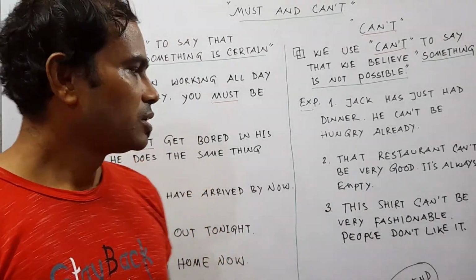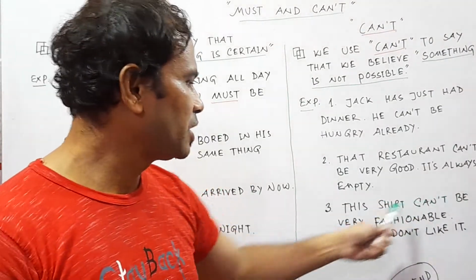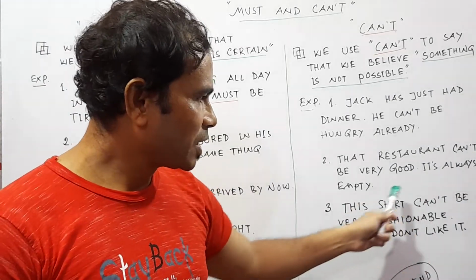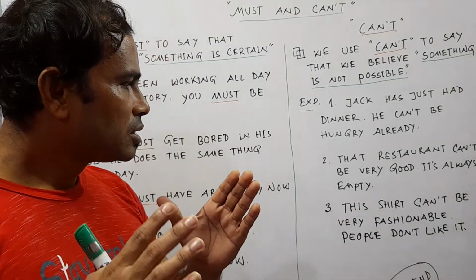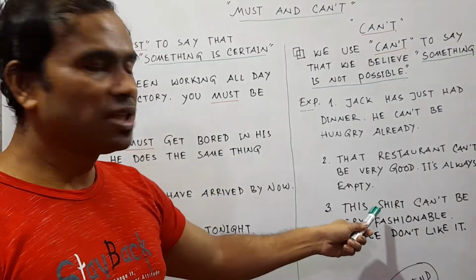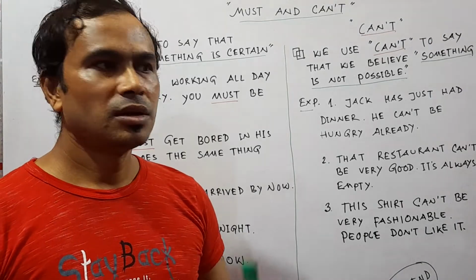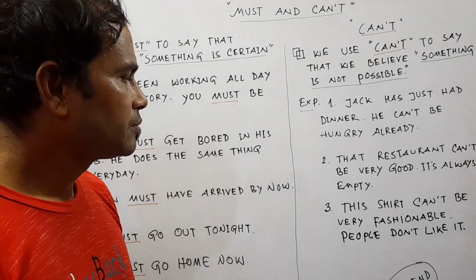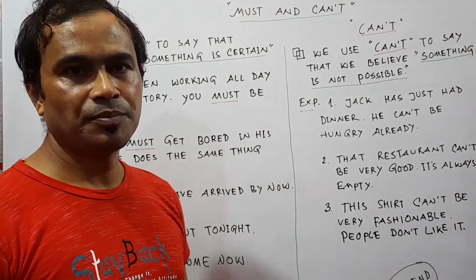So friends, the next example is: this shirt can't be very fashionable. People don't like it. What does this sentence mean? It means the work on this shirt is not so attractive to the customer, or the cost of this shirt is too high.